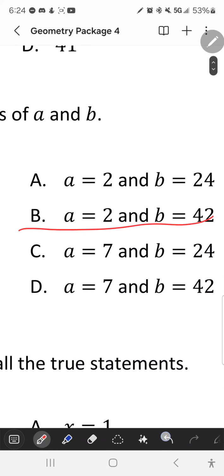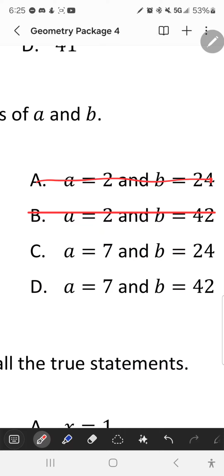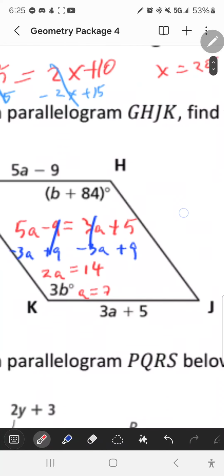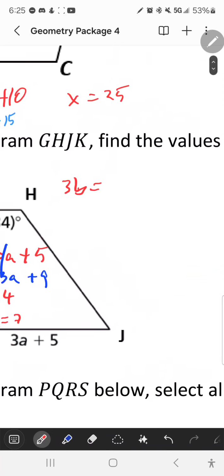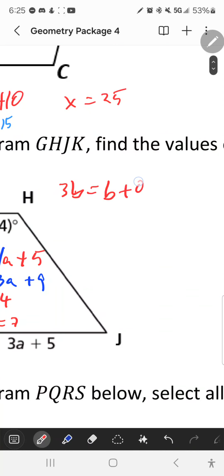So we go here. I would say this is not the answer, since a equals 7. Now let's see b. I say that the opposite sides are equal, so I can say that 3b is equal to b plus 84.